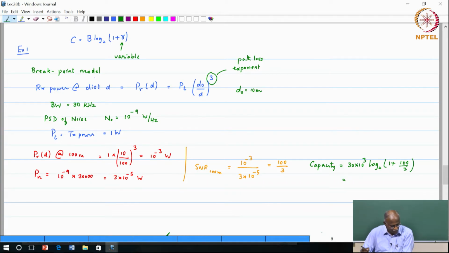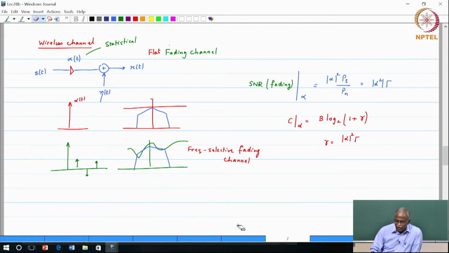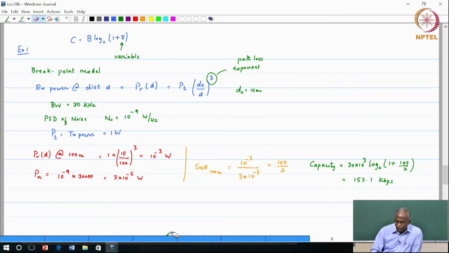Do a quick calculation on your calculator, it will come out to be 153.1 kilobits per second. Very good. What would have been just a power calculation, we carried one step further and said what is the SNR, then we said okay, what is the capacity, and it is a useful thing for us to have done this calculation.